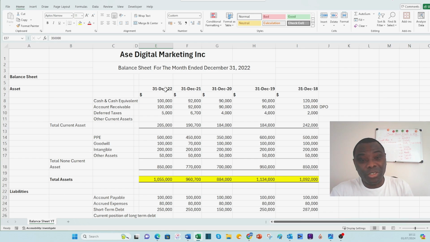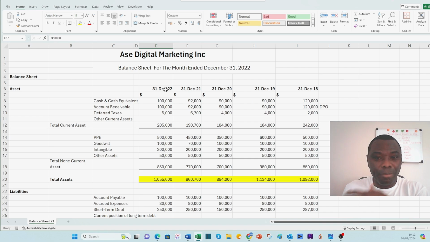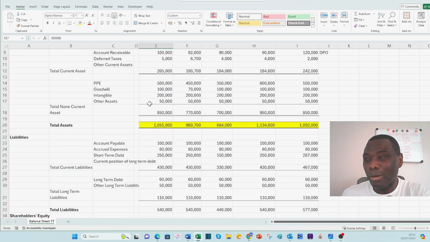And after understanding your sales, then you want to understand the value you're creating. And once understanding the value you're creating, you want to know, can you scale up as a startup? And then you want to understand your income, your expenses, your liabilities, and your cash flow, because cash is king. But anyway, that is apart from balance sheet analysis.